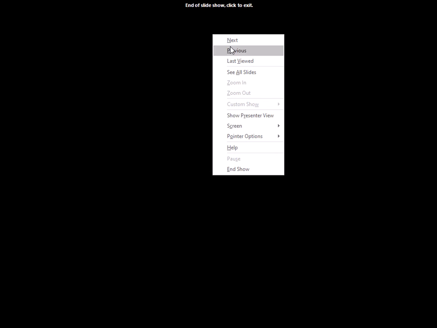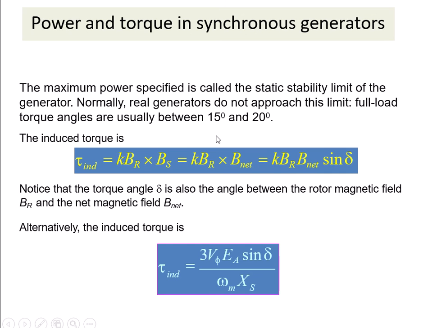This is the end of chapter number 4, synchronous generator. Up to now we discussed the cylindrical rotor synchronous machine generated EMF, then equivalent circuit and phasor diagram, armature reaction, synchronous impedance, and voltage regulation methods to find the synchronous regulation.